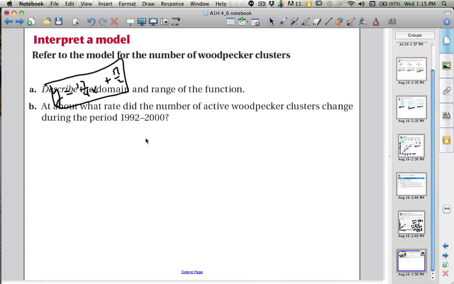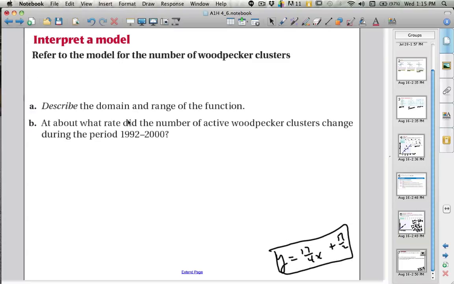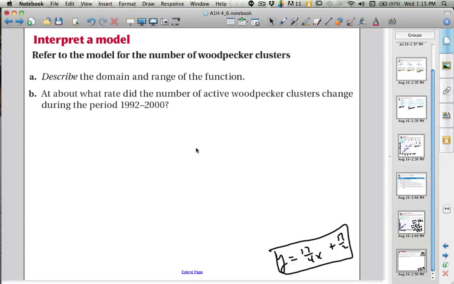So as I move on here to work with this, there's my equation. If I want to describe the domain and the range of the function, well, for my domain, I'm working in years from 1992 to the year 2000. So I would call that 1992 to 2000. Right?